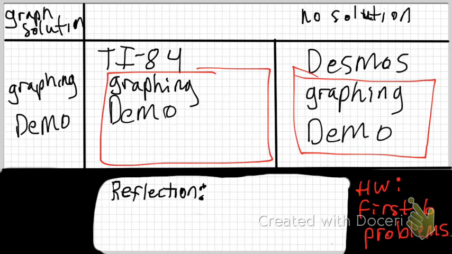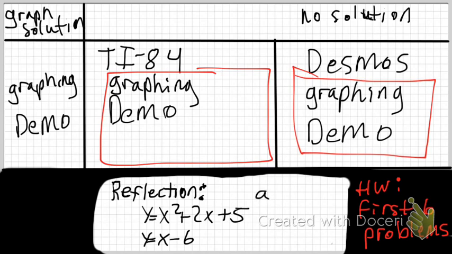So, let's say that I give you two expressions. We've got x squared plus 2x plus 5, and I have x minus 6. And these are my two expressions. So, if I add these, what will happen?